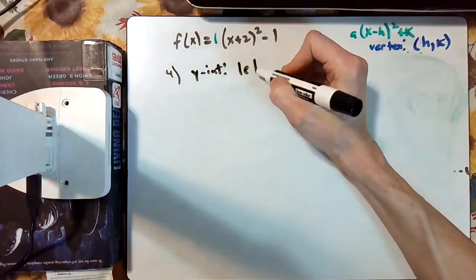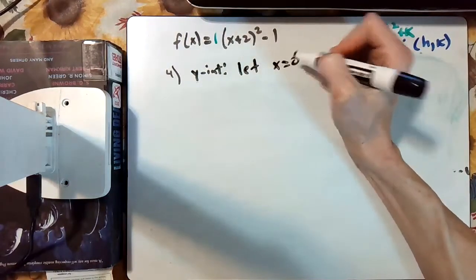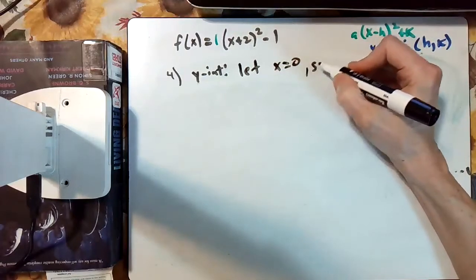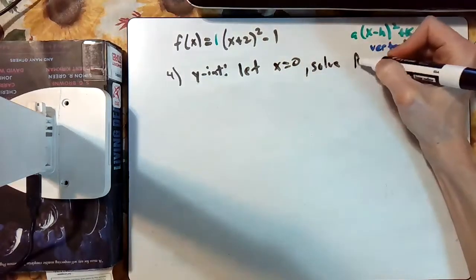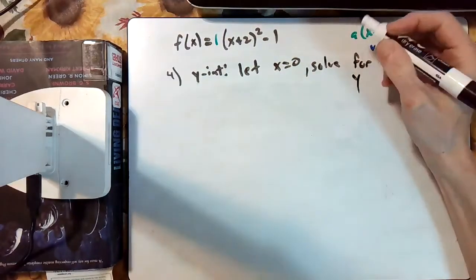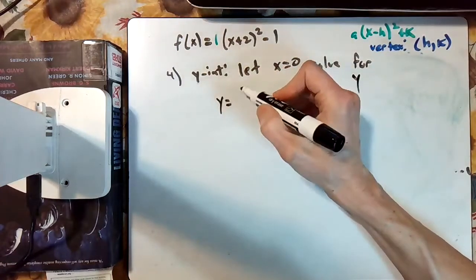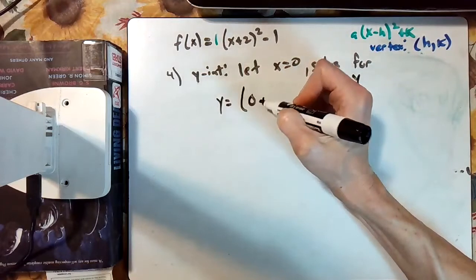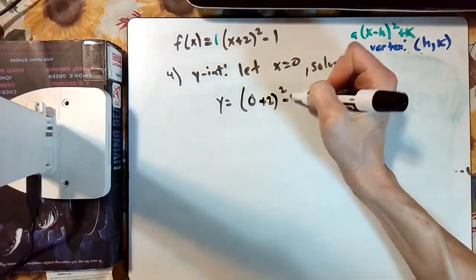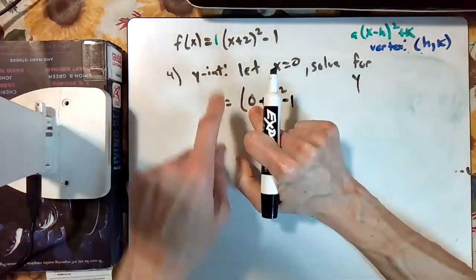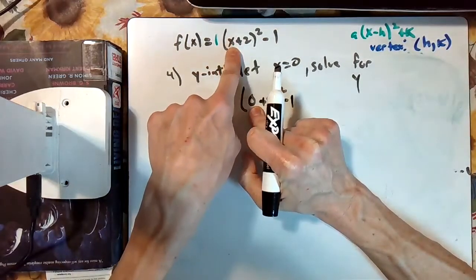We let x be 0, and then solve for y. So what does that mean? It's now we have y = (0 + 2)² − 1 because we're substituting 0 in for x.